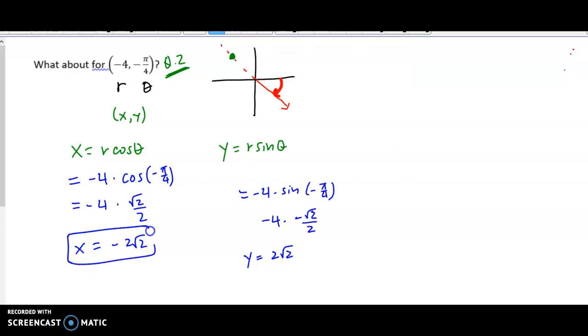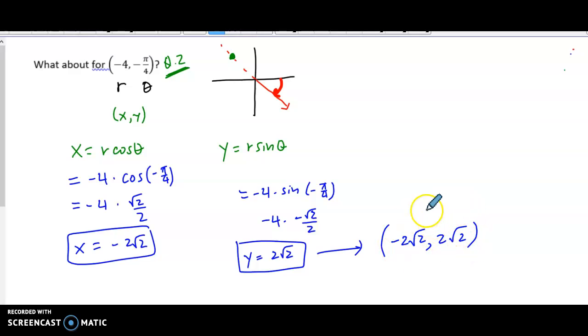I have this for x and that for y. Putting those together, we have negative 2 root 2 comma 2 root 2. And if you look, your x is negative and your y is positive, which means this is in quadrant 2. And that's what we needed.